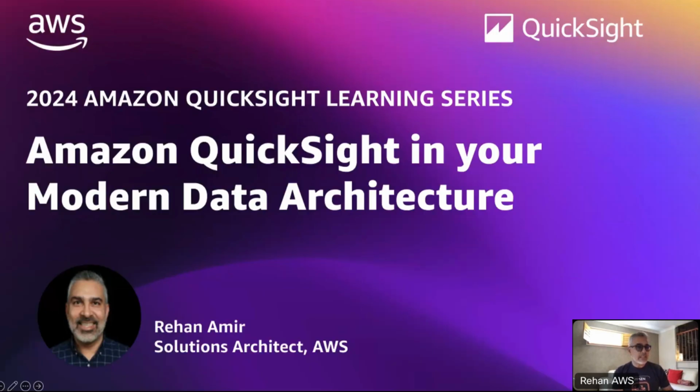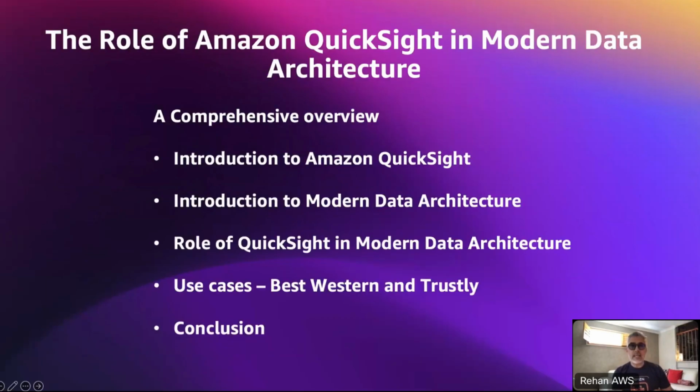So what we're going to do today, the topic for today is the role of Amazon QuickSight in modern data architecture. So we will do a comprehensive overview of that topic by providing an introduction to Amazon QuickSight first and foremost. Then we move on to an introduction to modern data architecture.